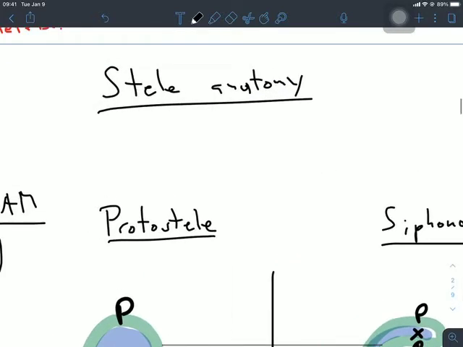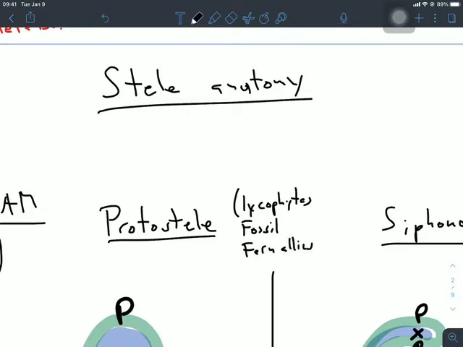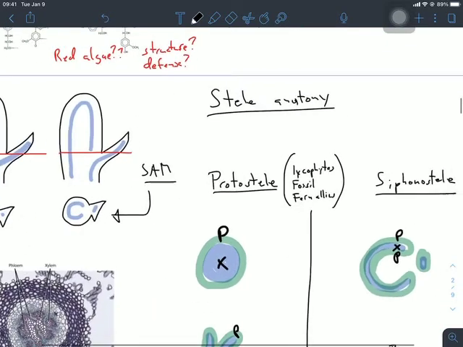The protosteles are what we see in our lycophytes, our fossil plants, and some of the fern allies. We'll be taking a look at those in lab.